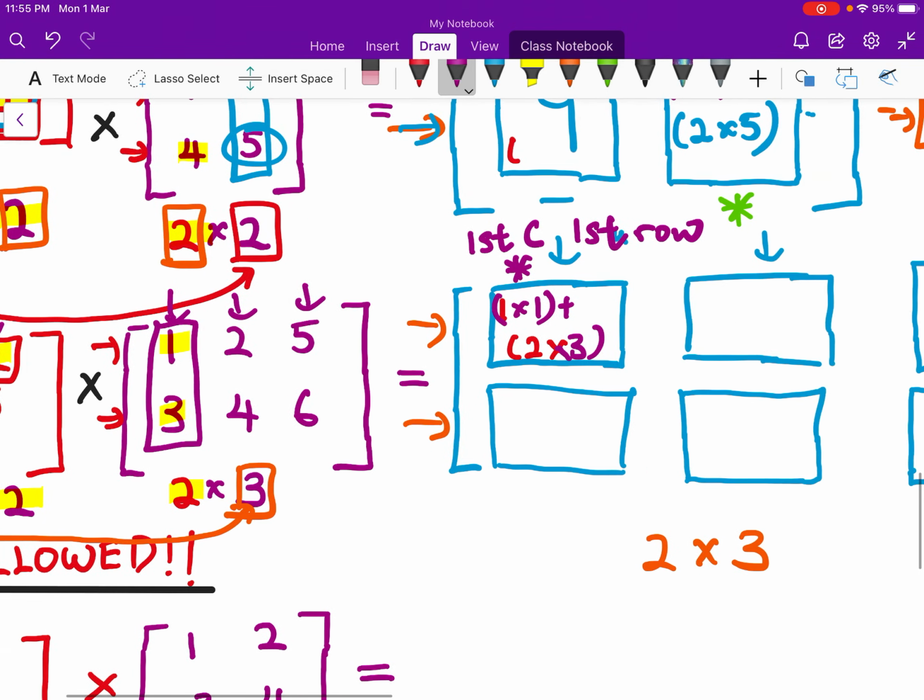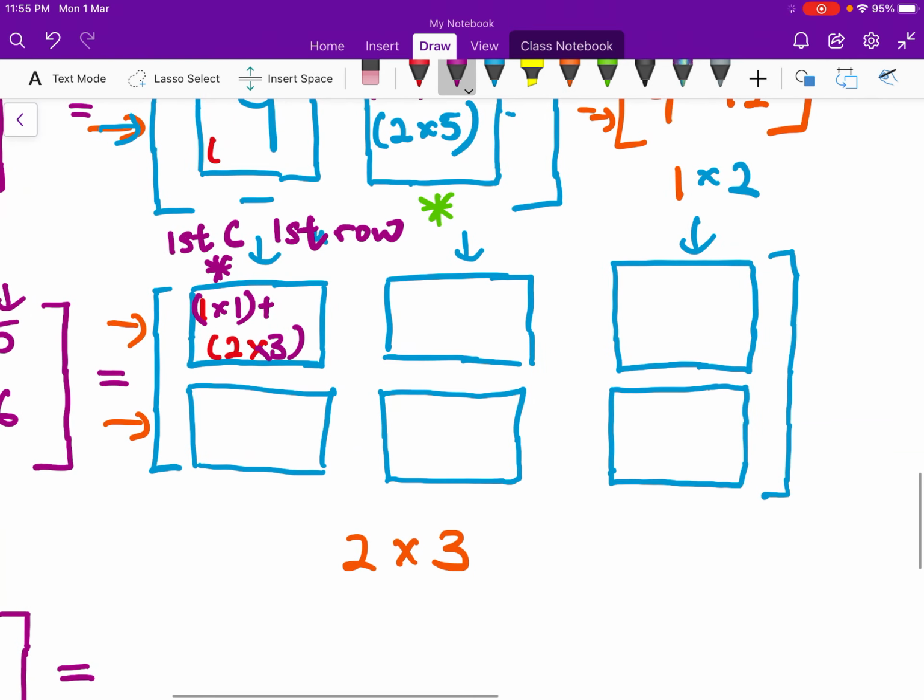Now let's say I want to deal with this box, which is second column. Why not we deal with this box first? Let's erase this. This box is still first column, but second row.